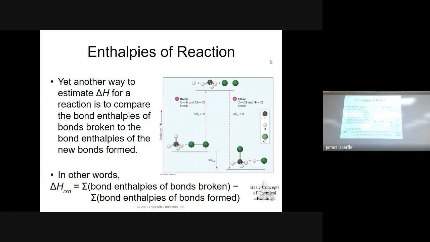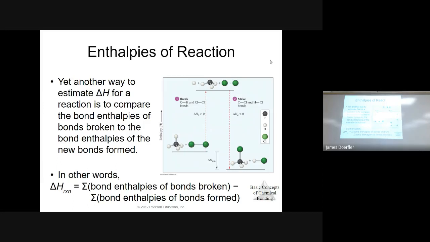Now, thankfully, whether you break a bond or you form a bond, the energy values that are listed in table 8.4 don't change. It's all the same. So you want to highlight, star, arrow, whatever this formula is here, because this is what we're going to use.